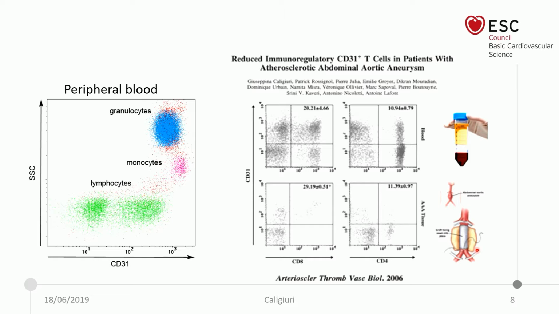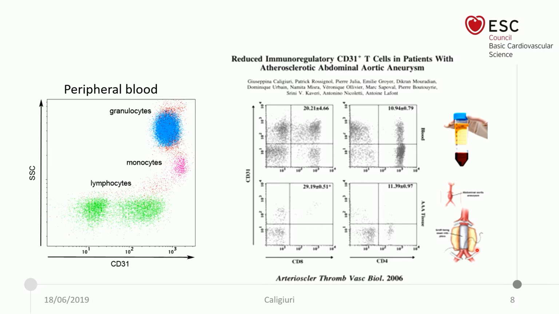In the tissue, up to then, I was doing immunohistochemistry. But if you want to do multicolor, multiparametric analysis, you very easily run out of antibodies, because you can do 3 or 4 combinations maximum. Whereas with FACS analysis, you can go up to now even 40 with the CyTOF.